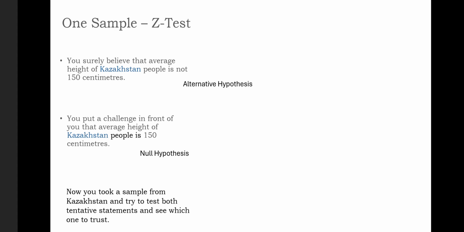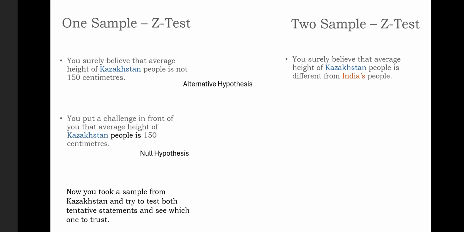On the other side, let's see a two sample Z test. Here also, you believe that the average height of Kazakhstan people is different from India's people. If you believe it, it's your alternative hypothesis.